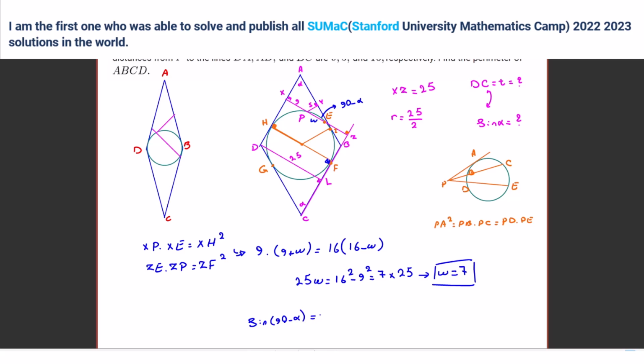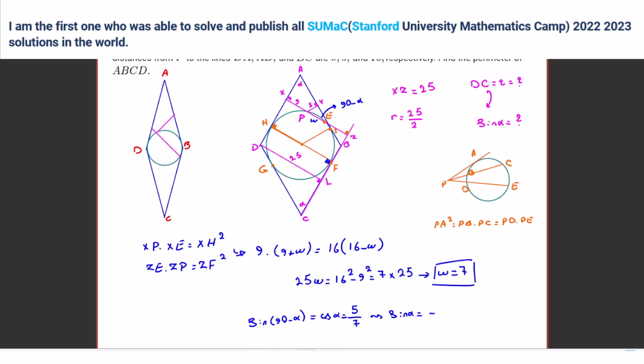Sine 90 minus alpha is what over what? Oh, isn't that just cosine alpha equals 5 over 7? And because we want to find sine alpha, right? Okay.